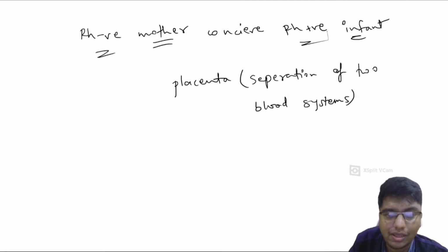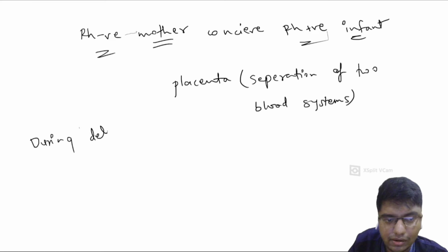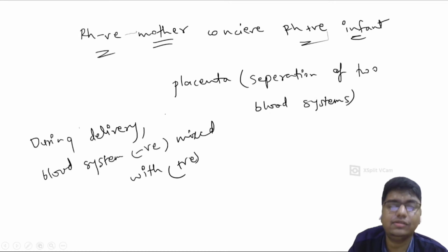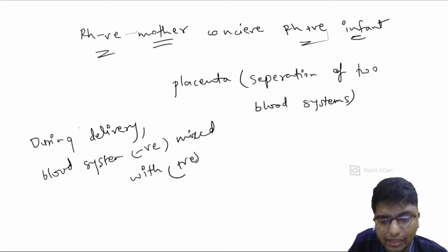But during the delivery time, the mother's system comes in contact with, I will write here, negative mixed with positive. So these Rh systems get mixed, and then there is a chance of a disease.